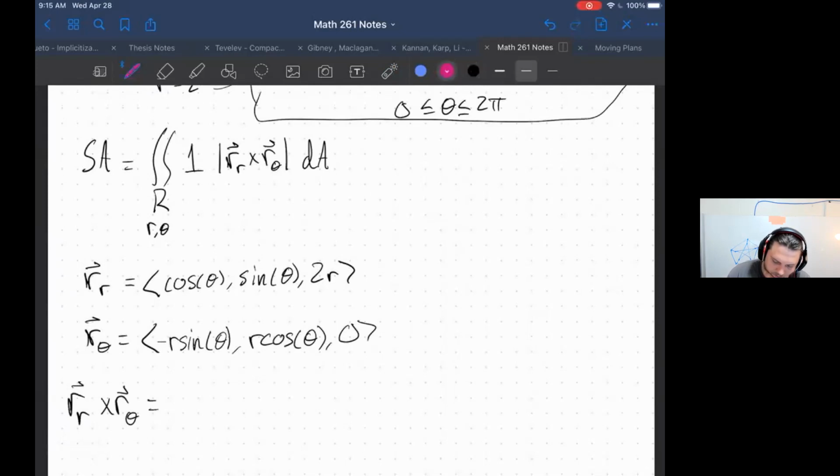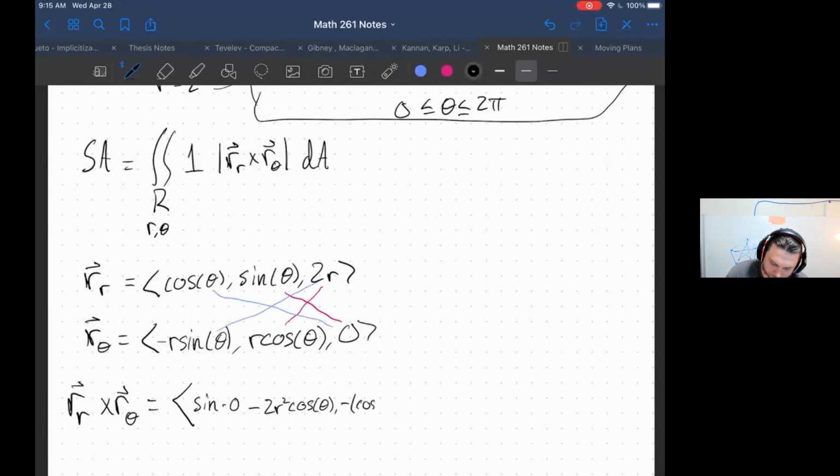So again, for the first component, we take 2 times 3 minus 3 times 2. So we should have a sine times 0 minus a 2r squared cosine. For the second term, we have a negative out in front of everything, and then a 1 times 3 minus a 3 times 1.